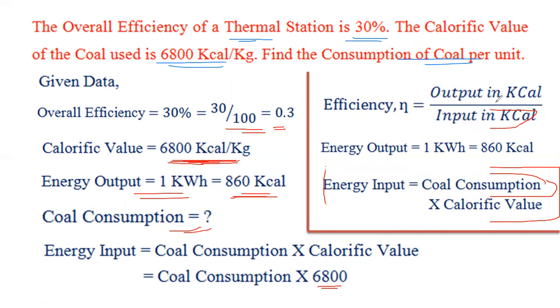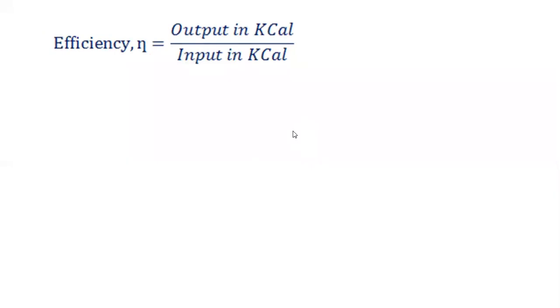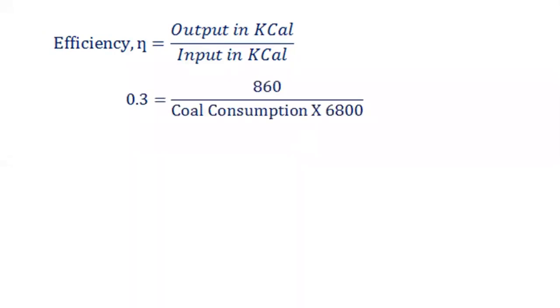Now we can find the overall efficiency. The efficiency equals output in kilocalorie by input in kilocalorie. The output is 860. The input is the coal consumption into the calorific value, that is 6800.